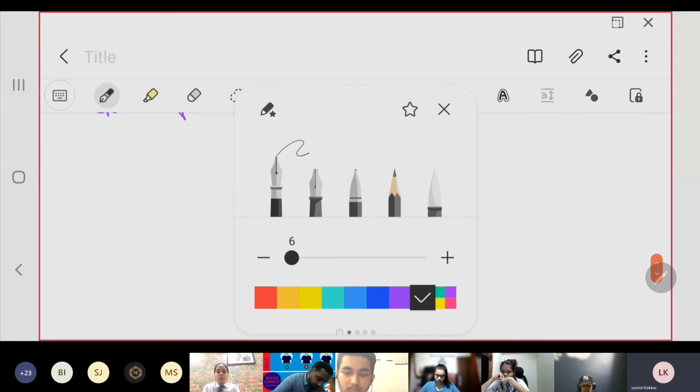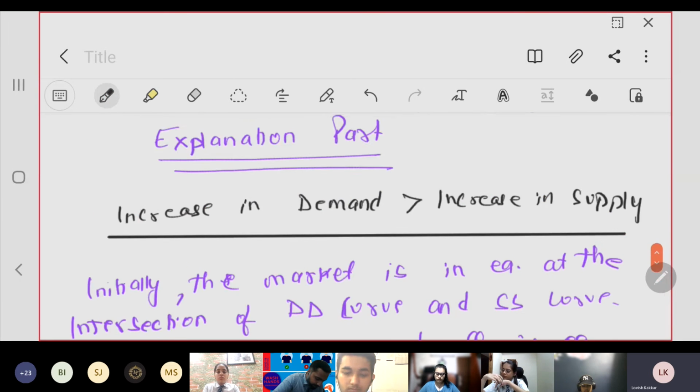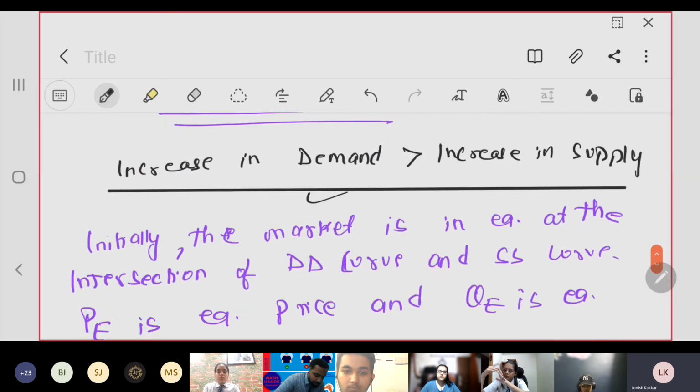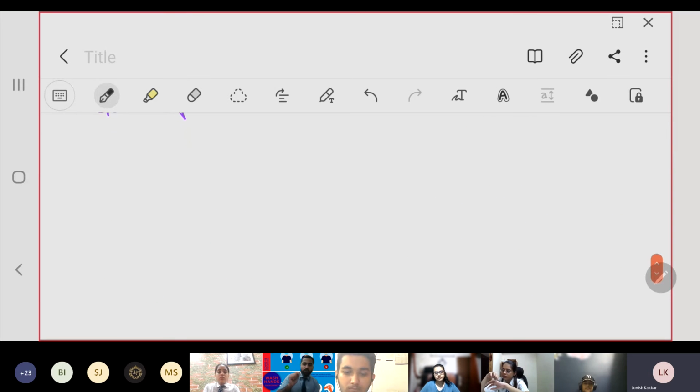Now, after writing the first paragraph, we know that we need to go back to the question: increase in demand is more than increase in supply. You will have to add this line in every answer depending upon what the situation is.